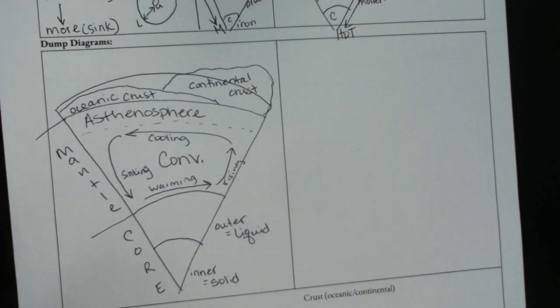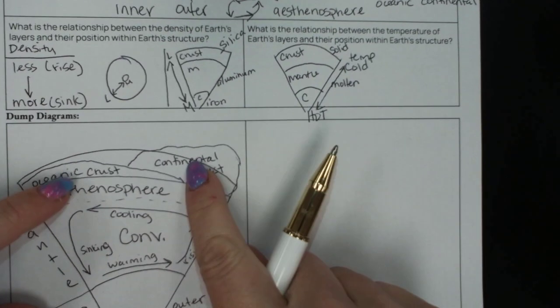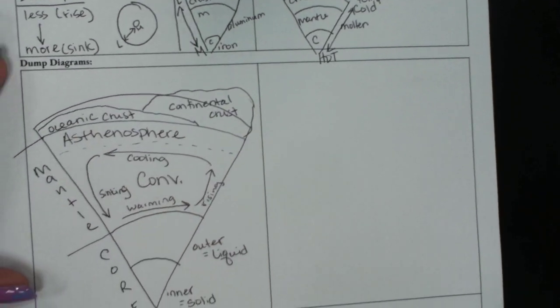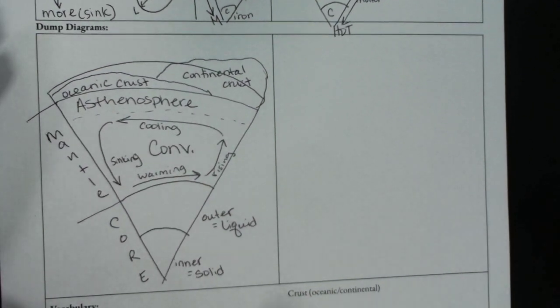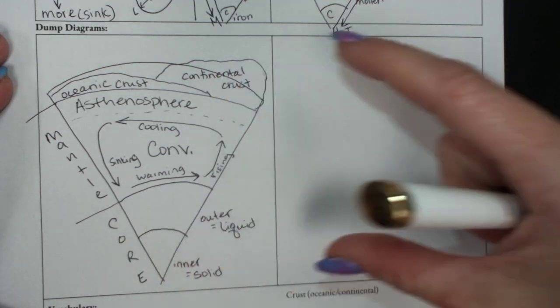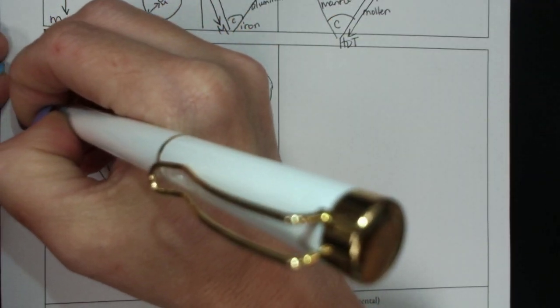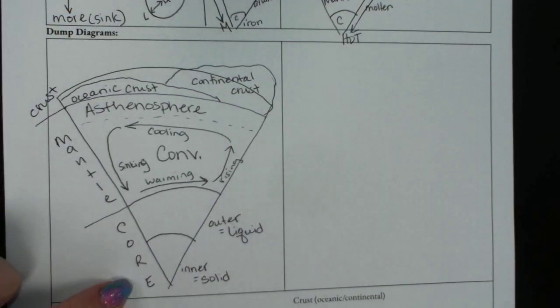In the next set of our spiral review, we are going to explain how both of these crustal plates collide and move. For now, I need you to take this dump diagram and copy it over here. Oh, I forgot to write crust right here. Crust, mantle, core.